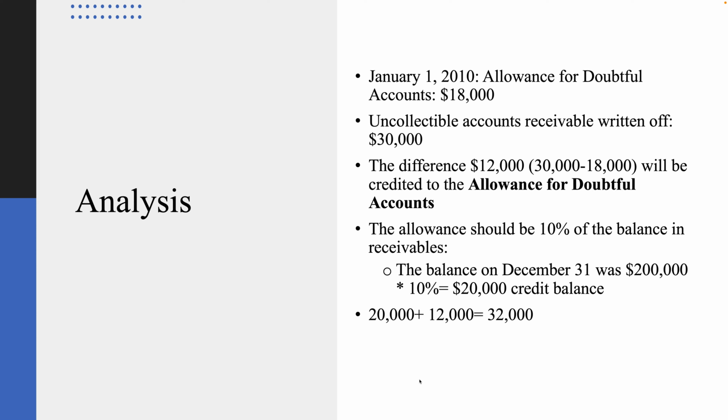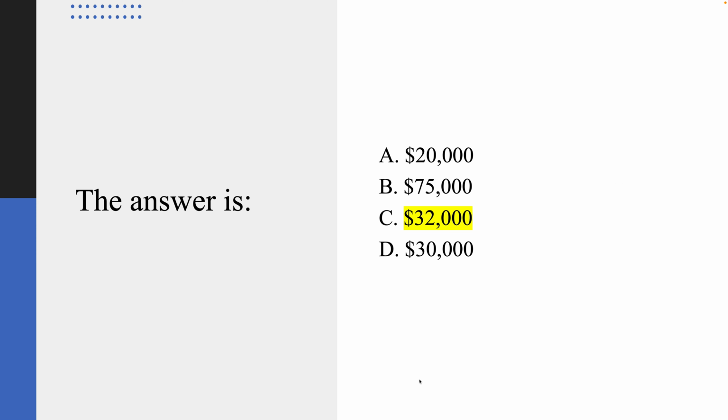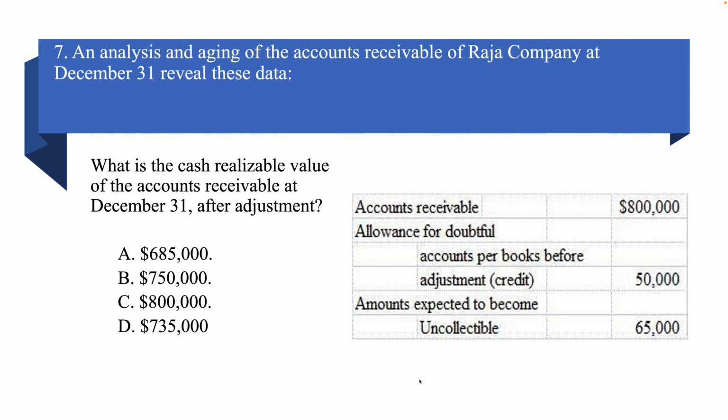Therefore, the amount of the adjusting entry must be $32,000. The answer is C, $32,000.